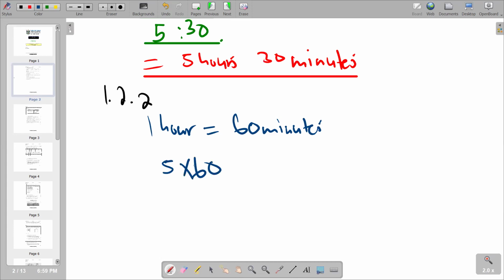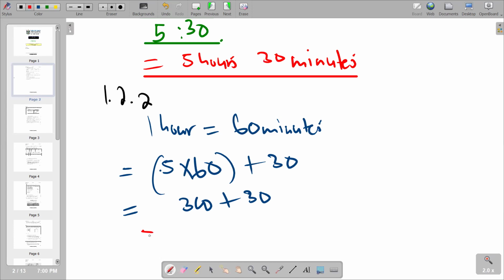Then we get the total number of minutes that we have there. Then we add our 30 minutes. So say 5 times 60, you're going to get 300. And then we add your 30 minutes. So we are going to get your answer as 330 minutes. So this becomes your final answer. So this is what we have on 1.2.2.